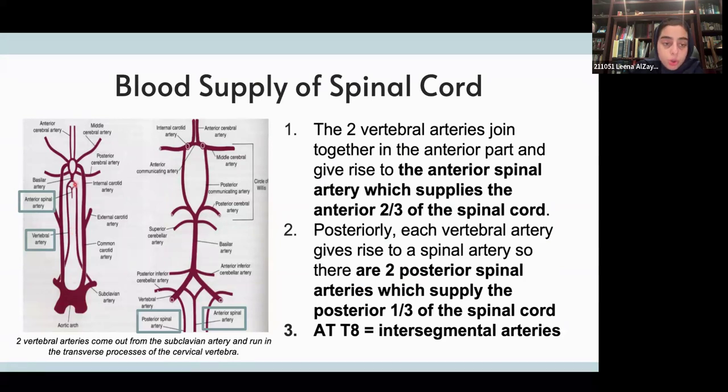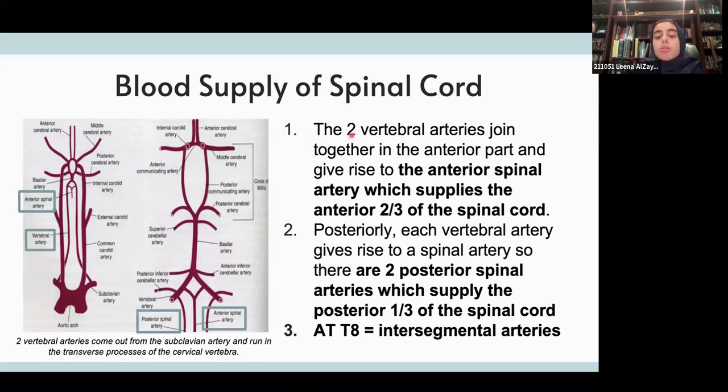The vertebral arteries go up and join to create the basilar artery. But they also give rise to anterior and posterior branches. So what basically supplies the spinal cord is the anterior spinal artery and the posterior spinal artery, and these come from the vertebral artery.